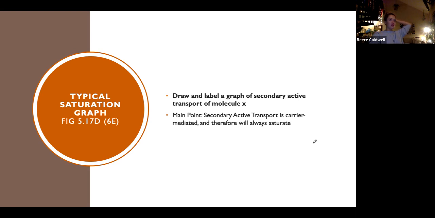If you want to see it drawn out, you can refer to figure 5.17D, 6E in the textbook. Look for the typical saturation graph. But the main thing to take away here is secondary active transport is carrier mediated and therefore will always saturate.